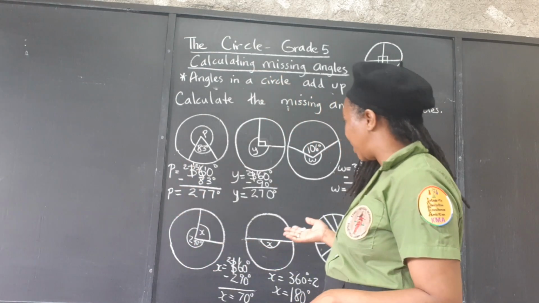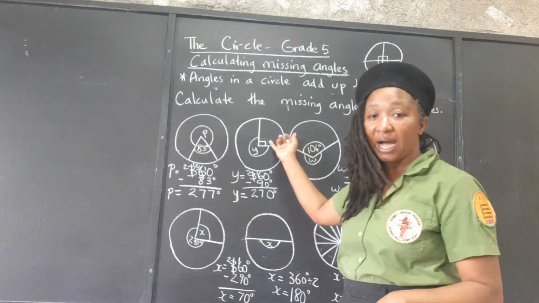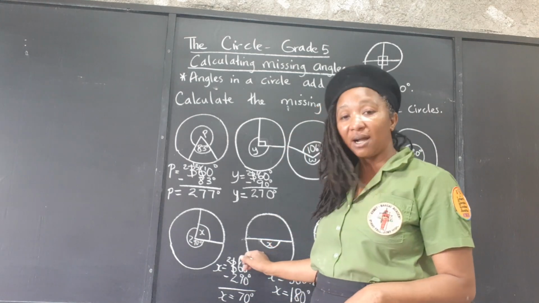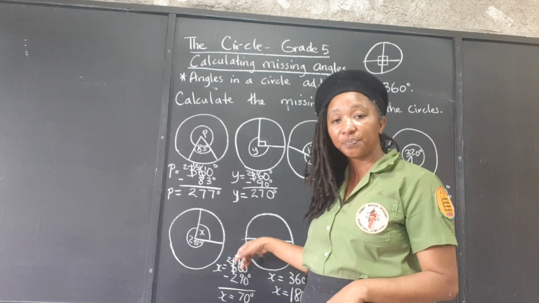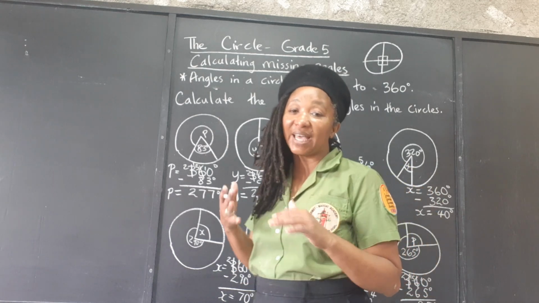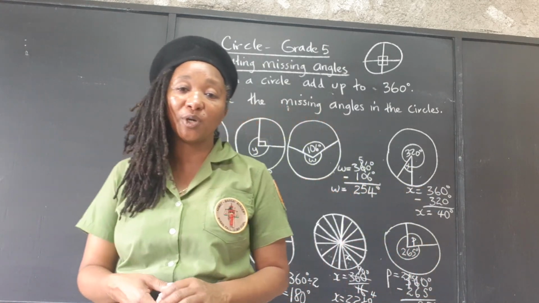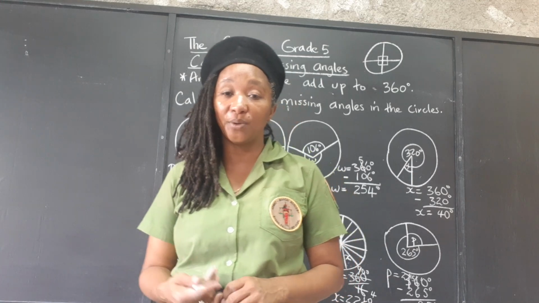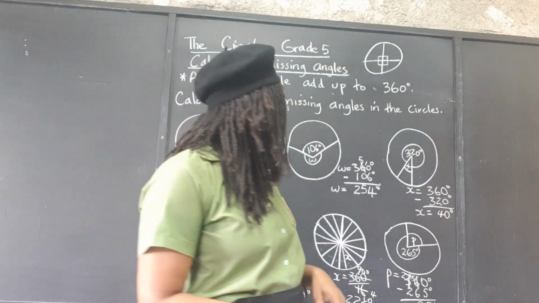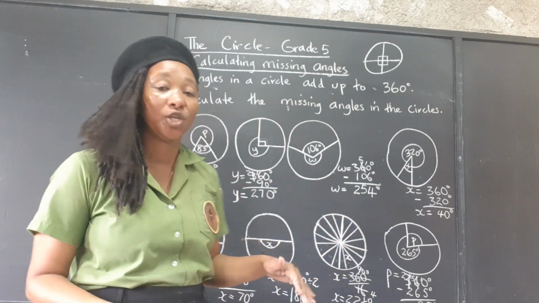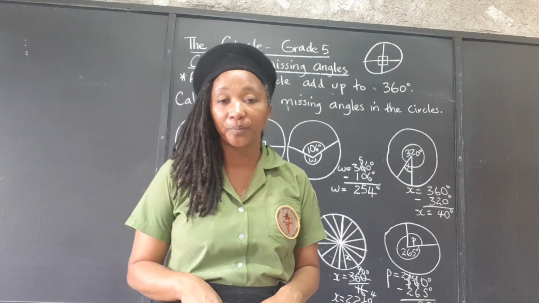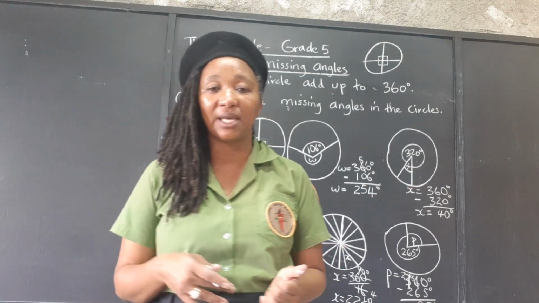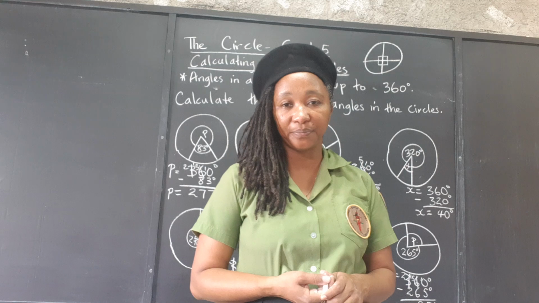Look out for the special angles like the 90-degree angle, the straight angle, the 180-degree angle. They are not going to tell you what these angles are, but you should be able to look at them and know. Look at the clues and know which angles you're dealing with. But the main idea is you subtract what you know from the full 360 to get the missing angle.